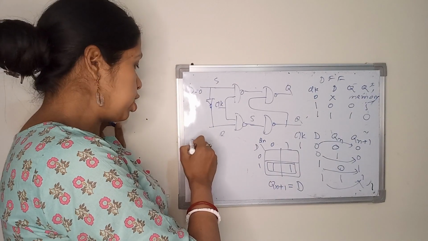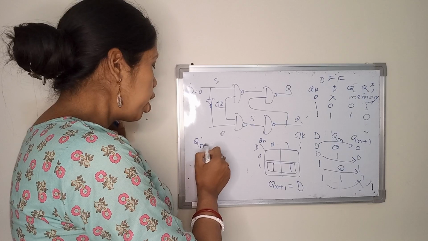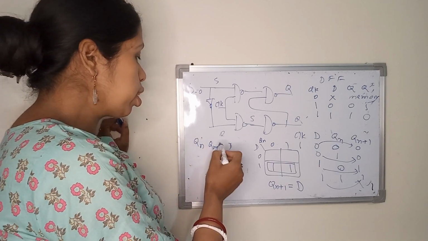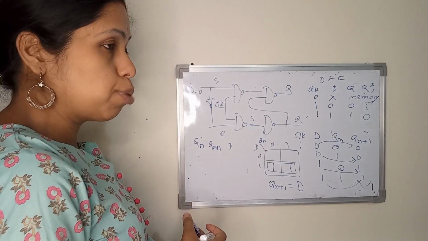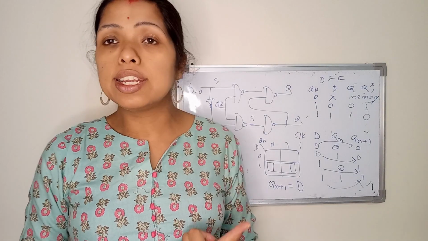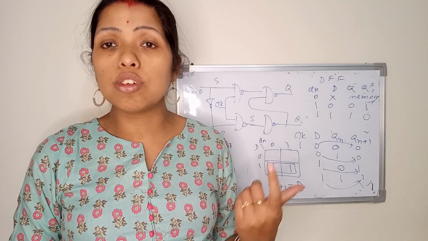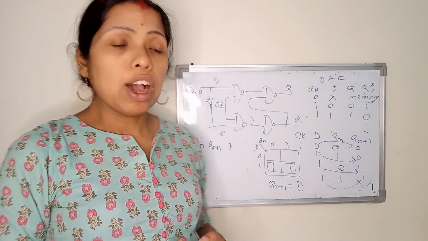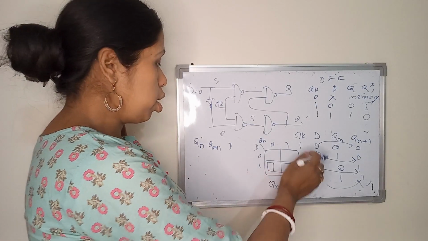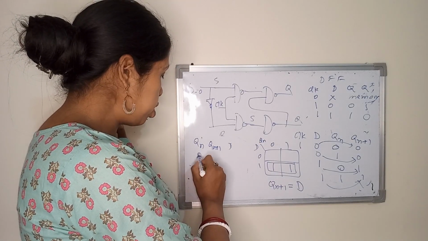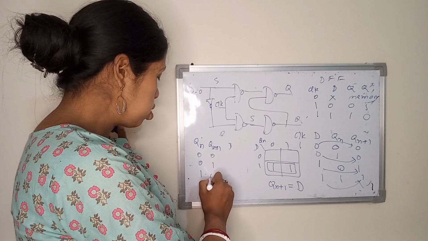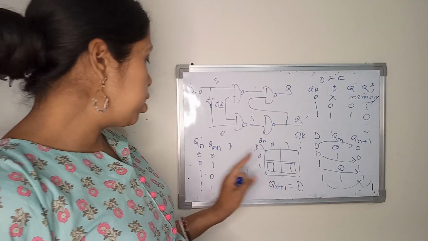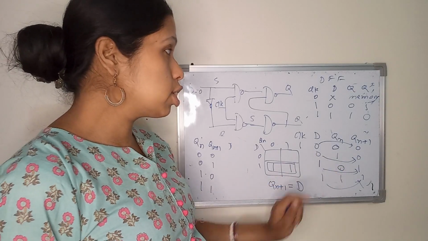Now your excitation table. If you try to recall the previous lecture, in the excitation table Qn and Qn plus 1 both will be on the left hand side and act as inputs, and D will act as the output, as in the case of SR. For two inputs I am writing four combinations: 0 0, 0 1, 1 0, 1 1. Now I will write this excitation table from the characteristics table.